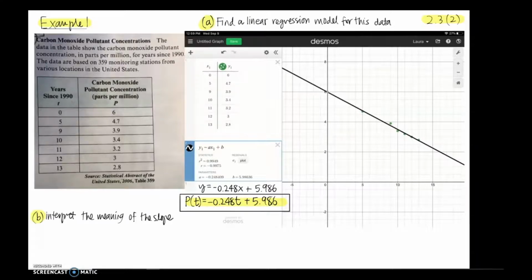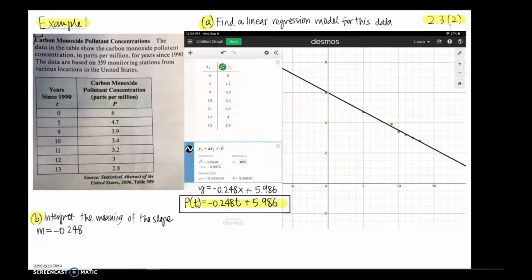Okay, so if I want to interpret the meaning of the slope, first I need to write what the slope is. The slope is negative 0.248. And what does that mean? So typically what slope means is for every 1 unit I go over on the x-axis, I can expect to go this much on the y-axis.